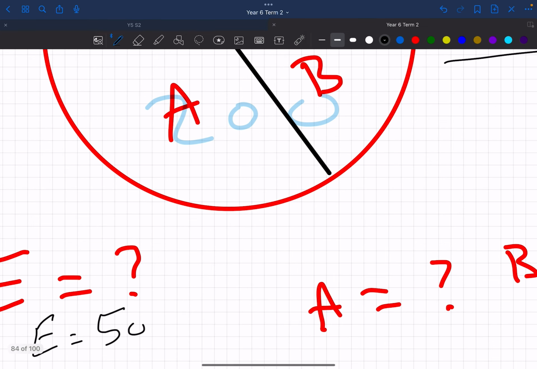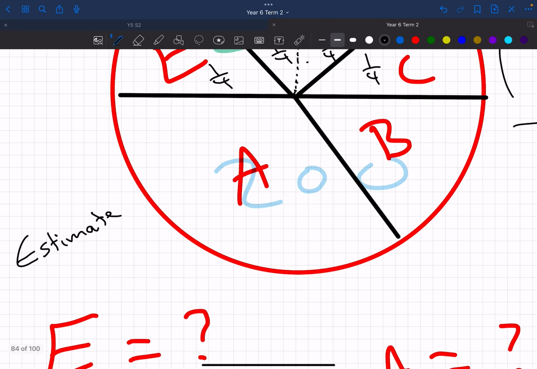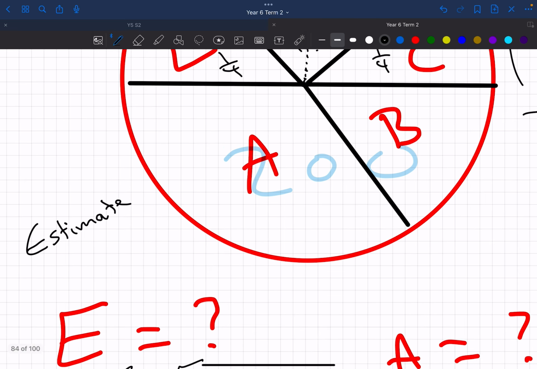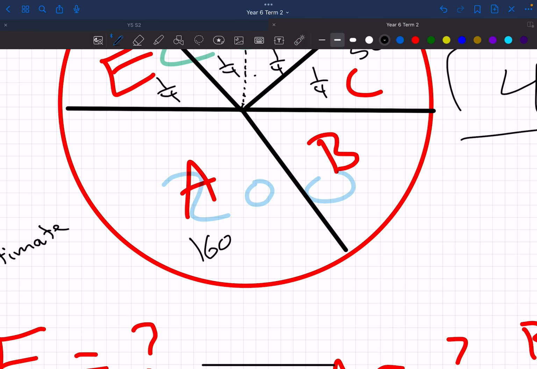What about A? What about B? Here, we need something called estimation. You estimate here. For example, I think this is 120 and this is 80. Here you are estimating, not exact. Or for example, you can say this is 160 and this is 40.